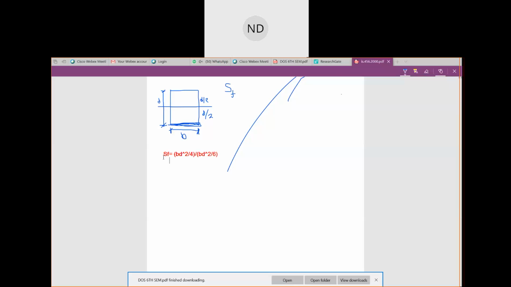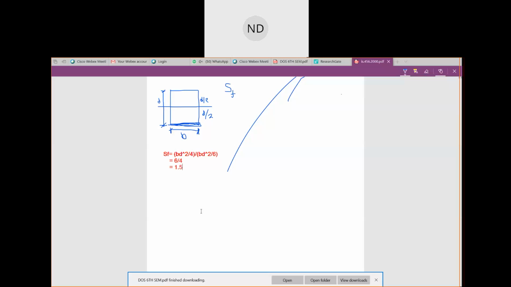So that will give us 6 by 4. BD square by BD square cancel, so 6 by 4 remains. That is nothing but 1.5. So for this rectangle, we are having our shape factor to be 1.5.